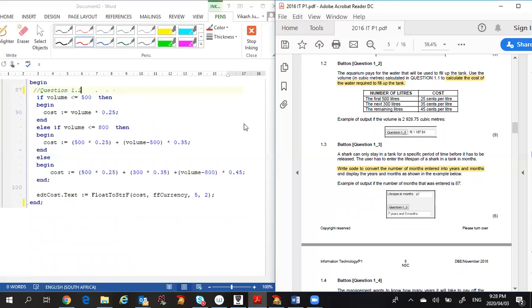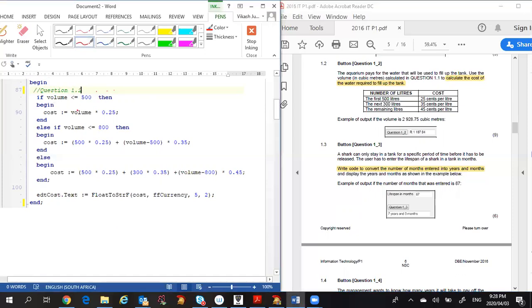How would we go about coding this? The volume was calculated in question 1.1, so this variable is a global variable. And if that volume is less than 500, then the cost is simply the volume times 0.25, which is what the question tells us. The first 500 liters are calculated at 25 cents per liter.